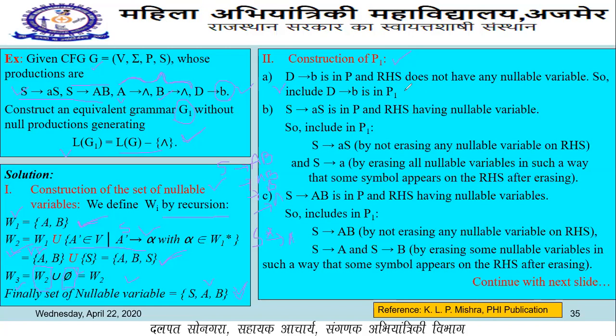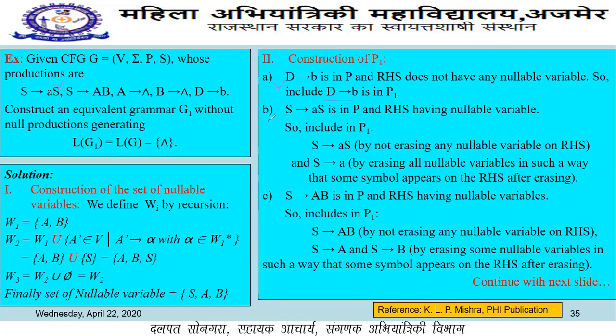In both of these productions null is present, so we do not include these two productions, because these are eliminated. Because A and B both are nullable variables, we do not include this also. And here S is a nullable variable, so this is also not included. So only D tends to small b is the production which we include in this step a. Hope this is clear.